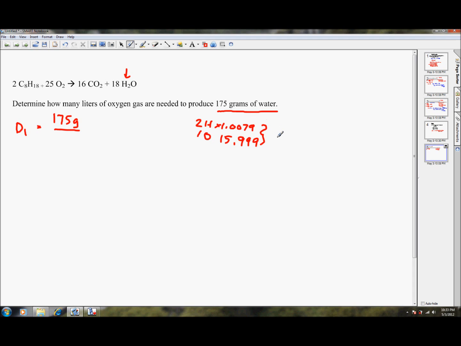Okay, that's going to be pretty darn close to 18. 18.015. Now this looks the same as the first example problems. So we'll take our 175 and divide it by 18.015. Okay, and that is 9.71.